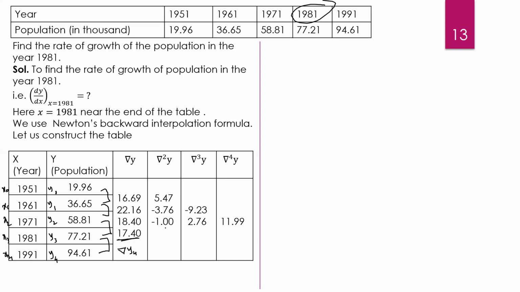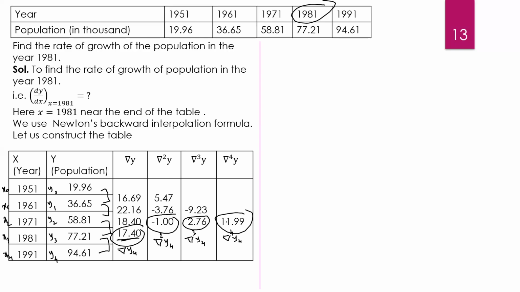In the second column, the second order backward differences: this is del square y4, which is 17.40 minus 18.40. Similarly, in the third order, 2.76 is the third order difference at y4. And the last is the fourth order backward difference at y4. So we consider these values for the table.